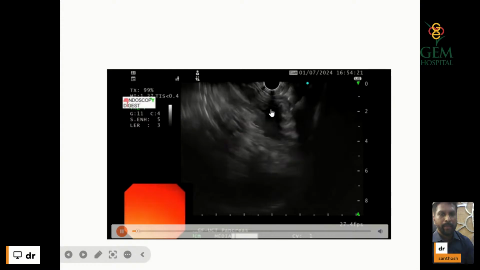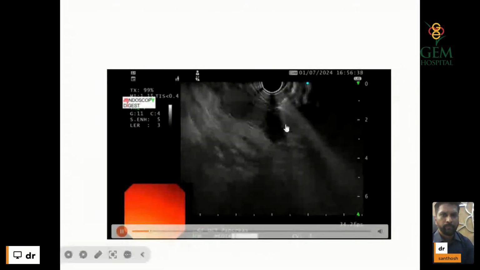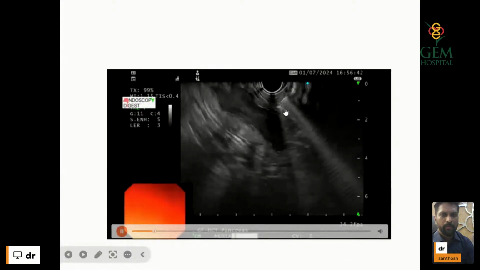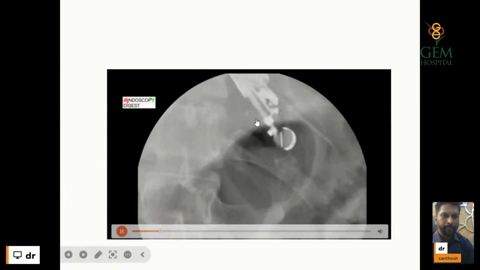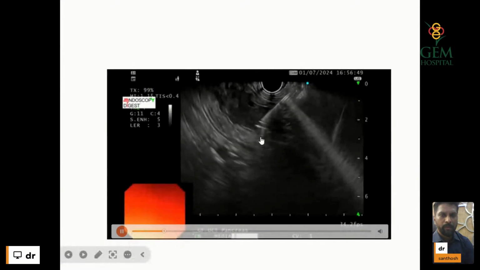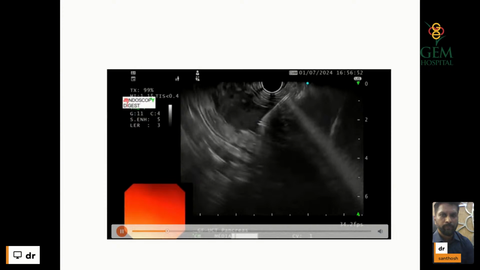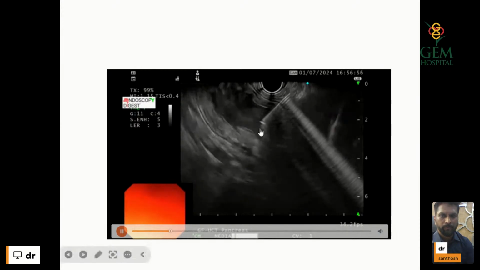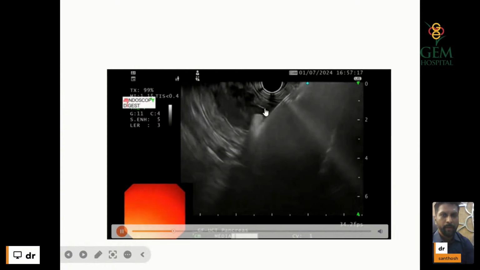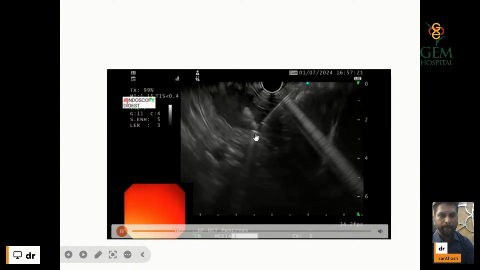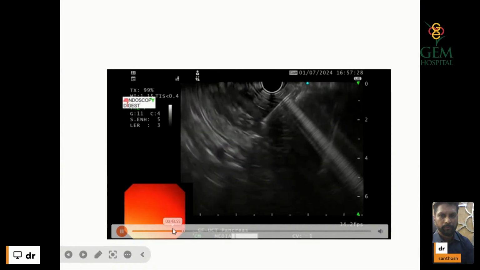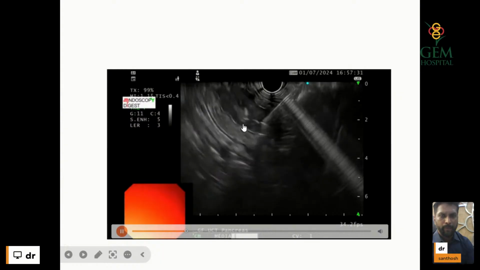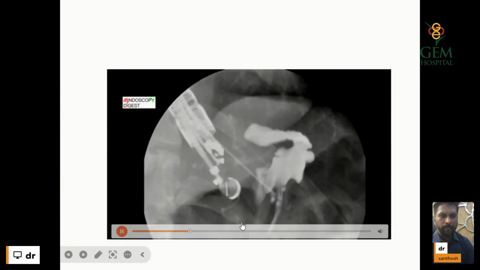This is a needle. You puncture and distend the stomach with contrast, inflating it to confirm the stomach.